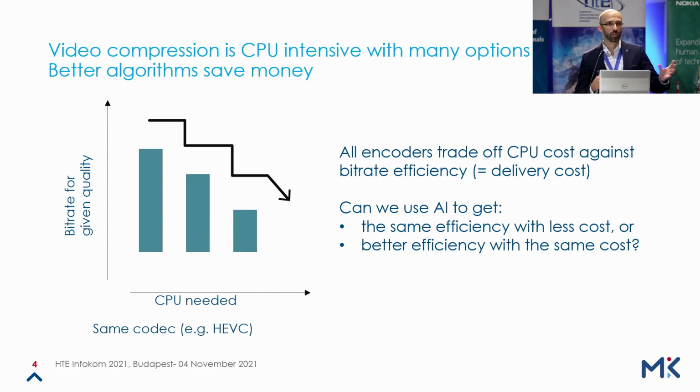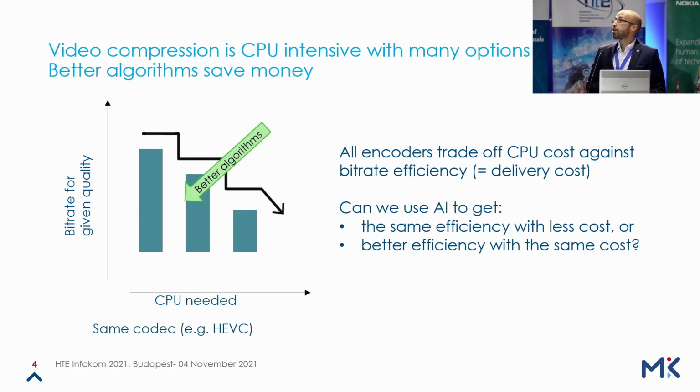You can go to a system with very high video quality, but that will require lots of processing power that will probably be too expensive to deliver, or you may struggle to achieve real time for a particular application. Or you may just be willing to compromise on quality to deliver your content more cheaply.